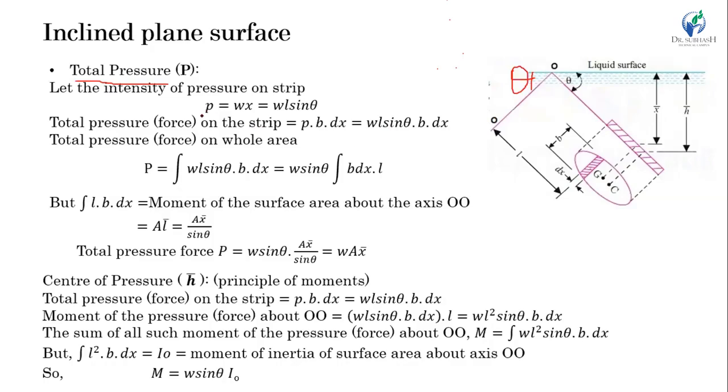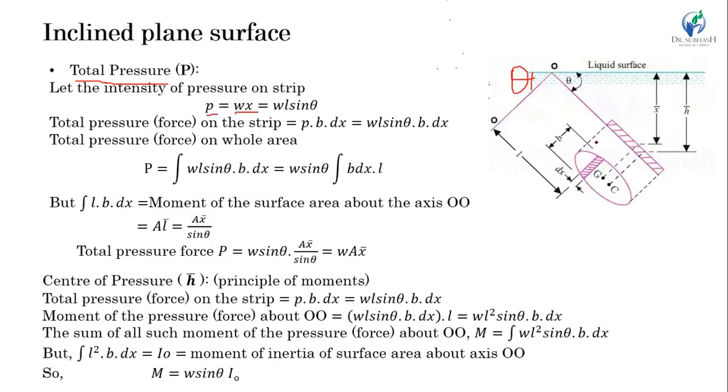So here, according to the definition, intensity of pressure is rho g into x, or rho g into h. Here h is the distance x, the distance from the free surface of liquid. But here we have to consider the distance from the surface OO. So it is nothing but L sine theta.